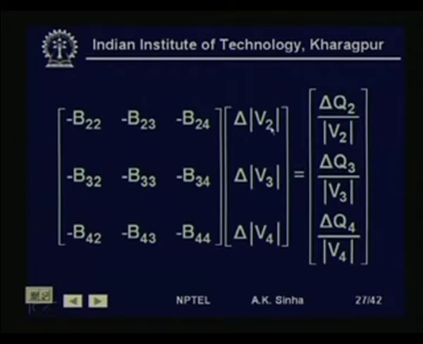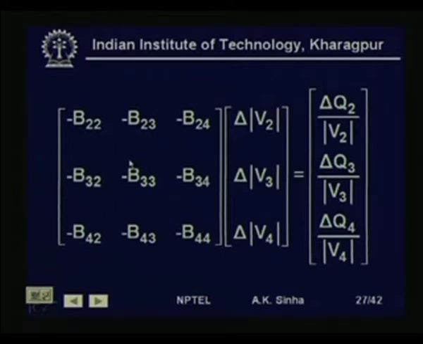This is delta V2. Now, this term that we had multiplied by V2 here, we have divided by V2, V3 here. So, this we have taken out. So, this is again now a constant term, this is delta V2, delta V3 and delta V4, and this V2 we had divided. So, we are getting del Q2 by V2, del Q3 by V3 and del Q4 by V4.